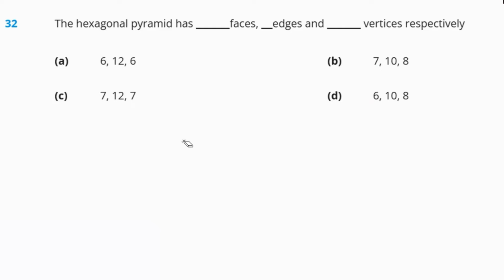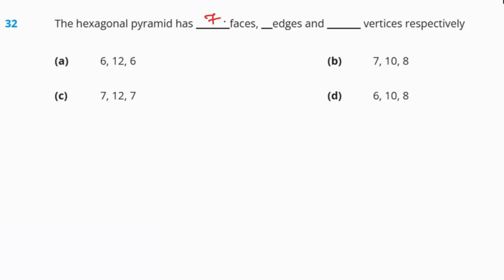So a hexagonal pyramid has 6 triangular faces and 1 hexagon face. So in total there will be 7 faces: 6 triangle faces and 1 base, that is the hexagonal face.